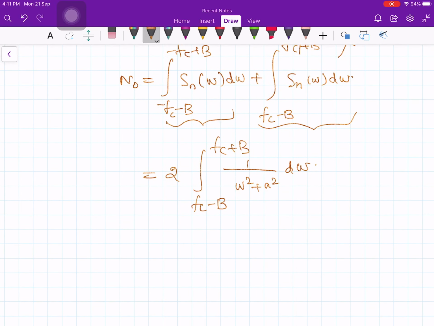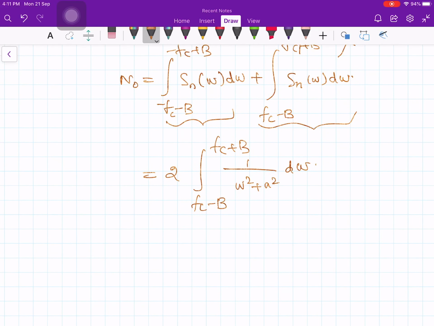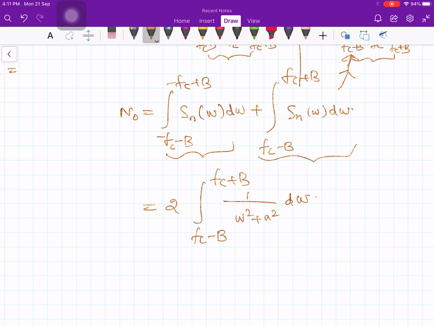Okay, and now since I am using fc, let me write everything in terms of f: Sn of f df. So this you can also write in terms of 2 pi f the whole squared, and this one you write as f.